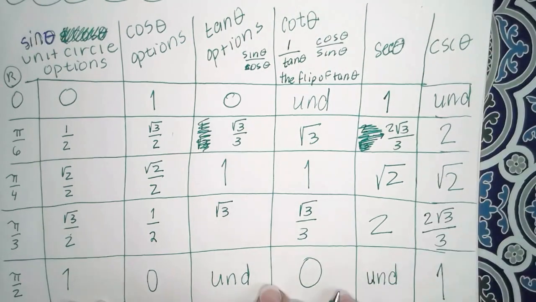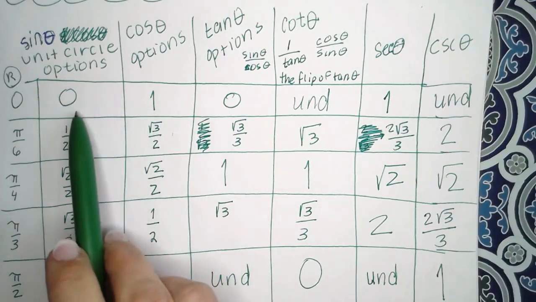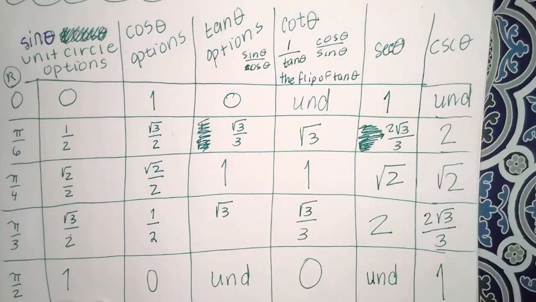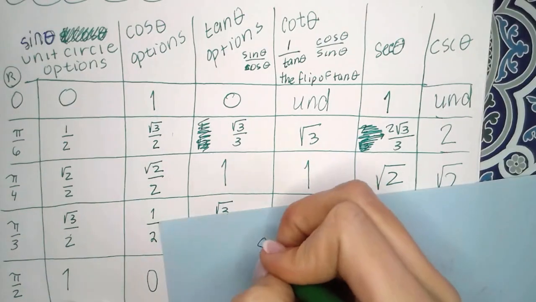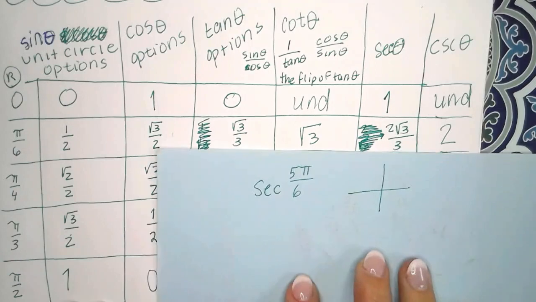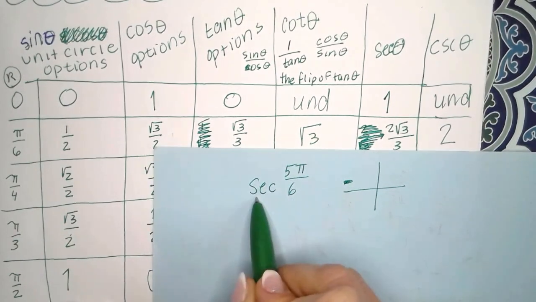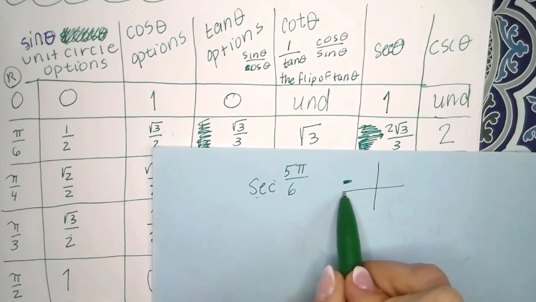When you're asked to find the sine, the cosine, or the tangent, the secant, the cosecant, or cotangent of an angle, say I need the secant of 5 pi over 6. Do I know where 5 pi over 6 is in my head? Yes, it's right there. Secant's the flip of cosine. What's cosine at this spot?